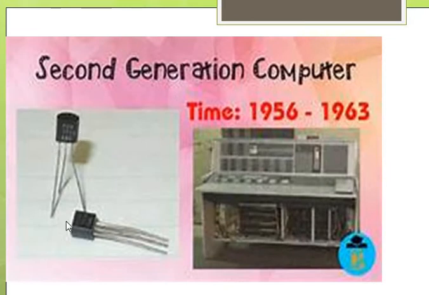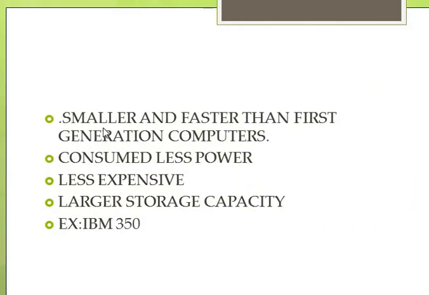This is the picture of transistor. The characteristics of second generation computers are they are smaller and faster than first generation computers. They use less power, they are less expensive, and they have larger storage capacity compared to first generation.